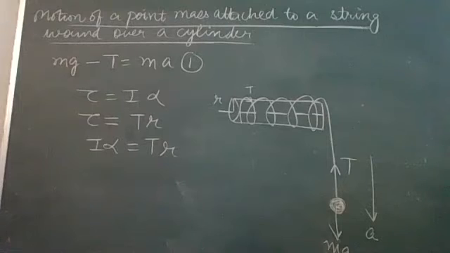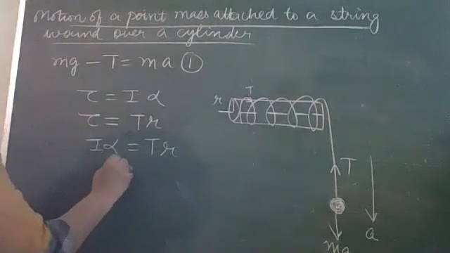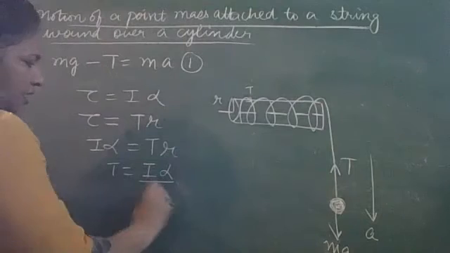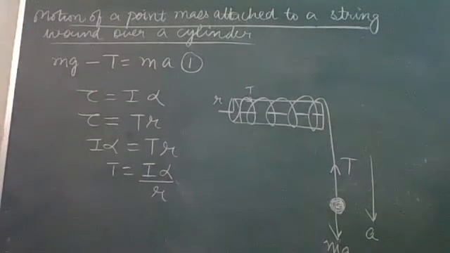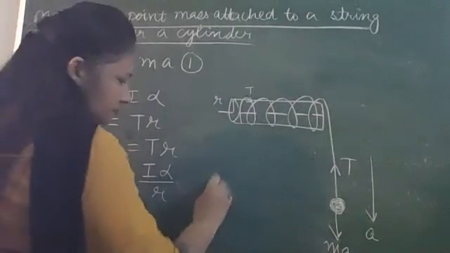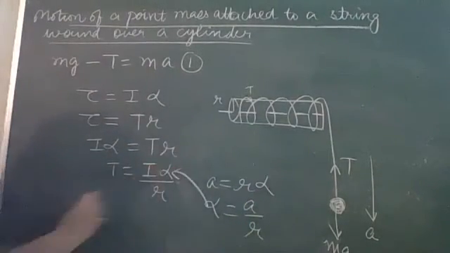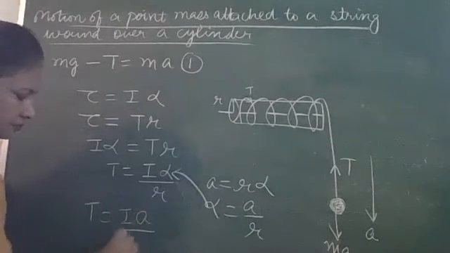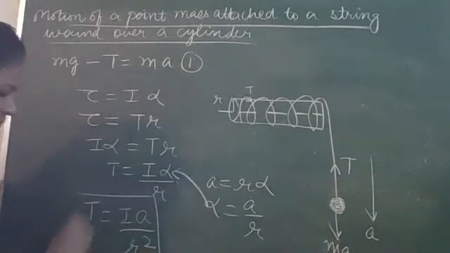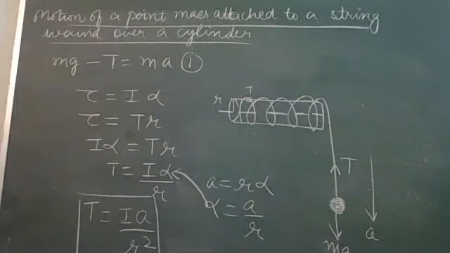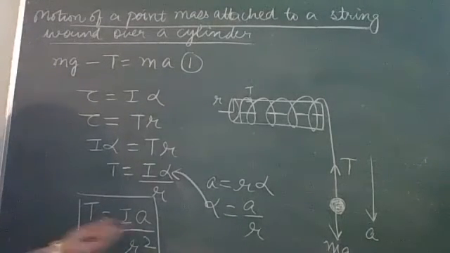We get T, and so alpha, so we get the tension in terms of acceleration like this.